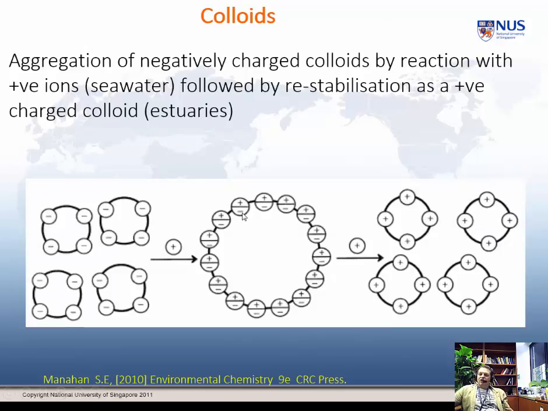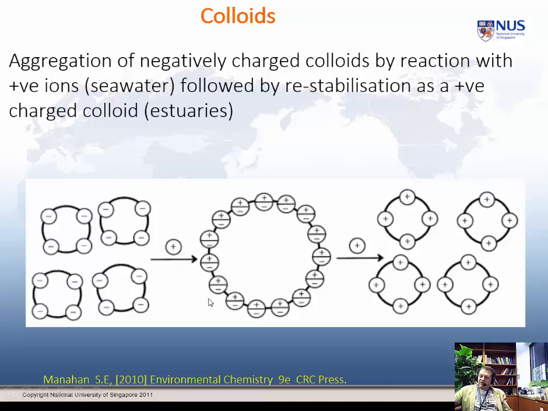Normally in fresh water, most of your colloids are negatively charged. So typically this will be what's coming down a river, negatively charged colloidal particles. Estuaries are the great particle reactors. You get a meeting of these negative colloids with sea salt, high ionic strength of ions.